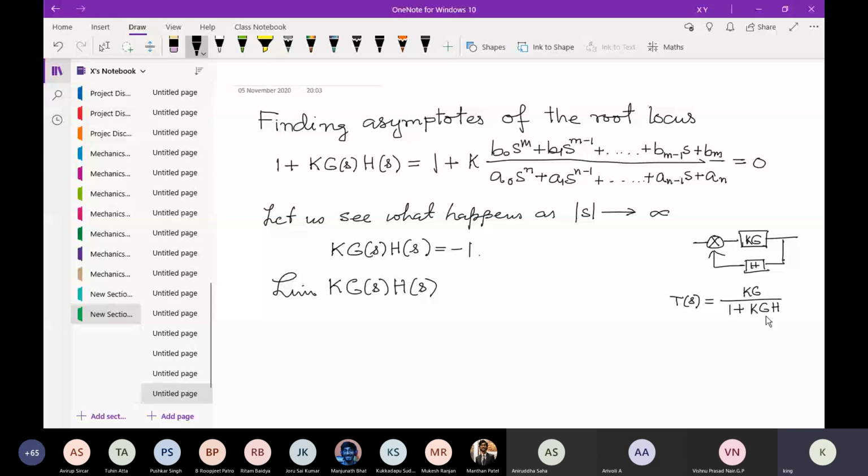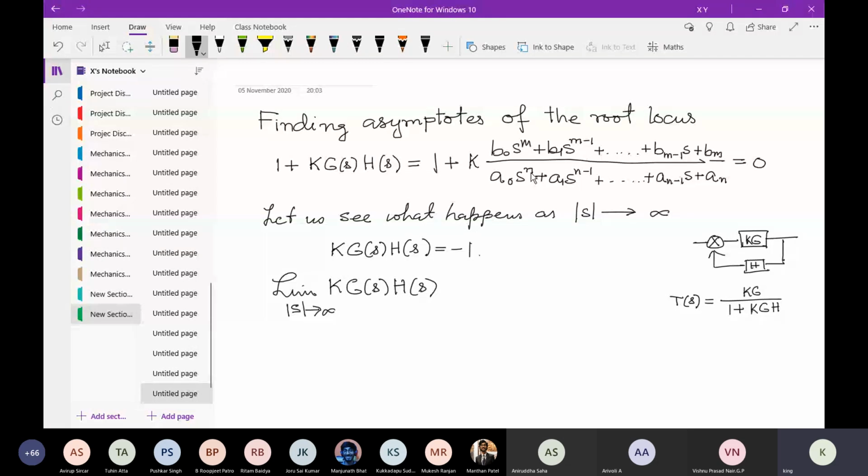So in Routh also we are actually dealing with this. Most of the examples that you are given, you are finding out the Routh array for this function. So can I proceed? Yes, sir. So if I take the limit of modulus s tending to infinity, now here we have s to the power m, here I have s to the power n.